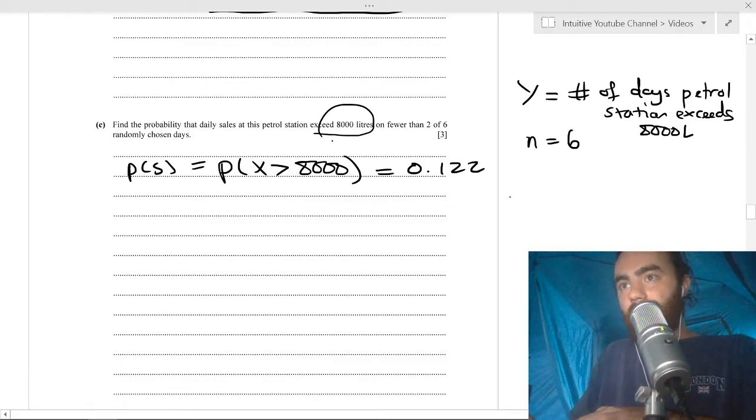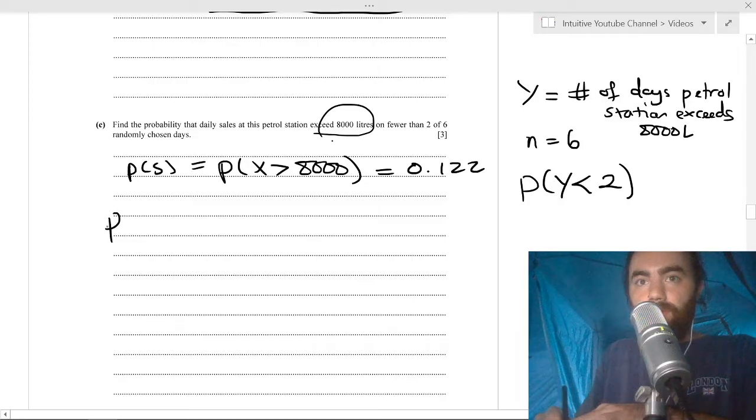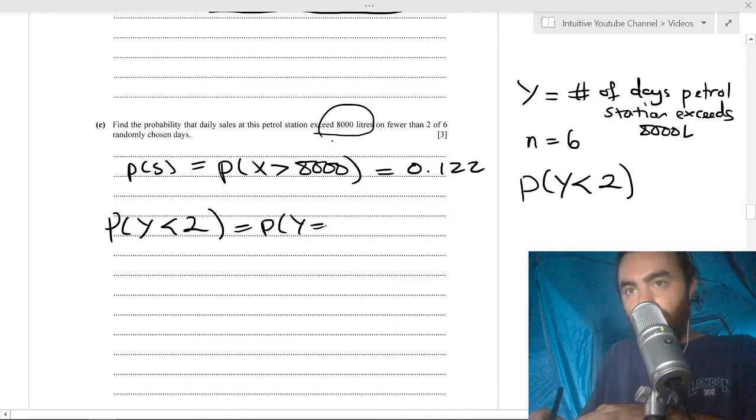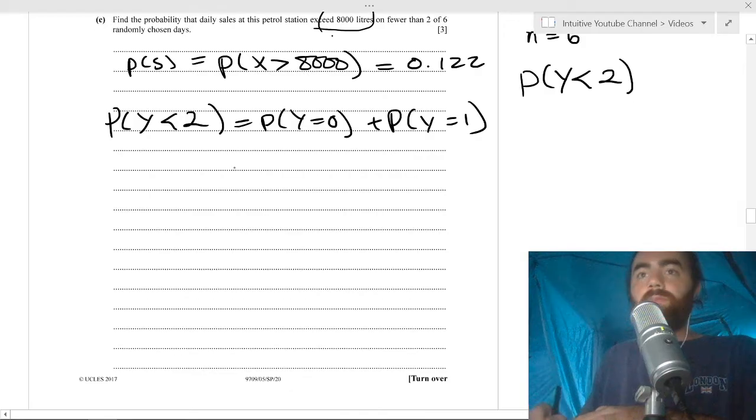Well, we want to find the probability that of six of those days, fewer than 2 of them exceed 8,000. So this is y is less than 2. So we want the probability that y is less than 2, which is the probability that y equals 0 plus the probability that y equals 1.